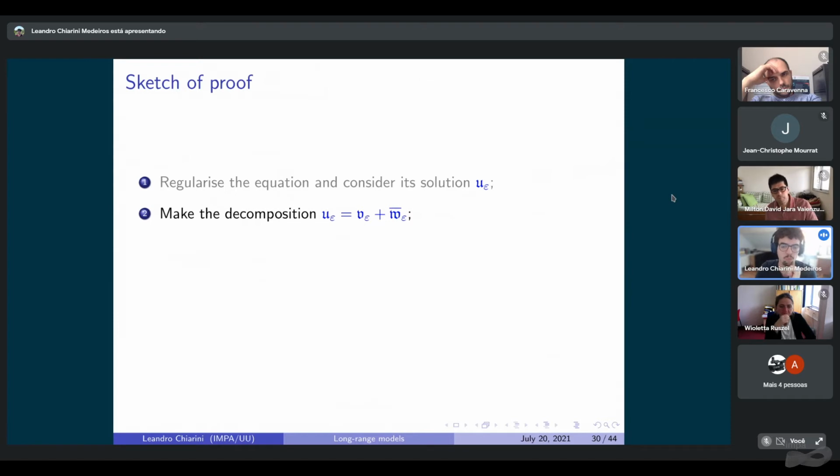And by doing that, we discovered that the whole problem of making sense of the solutions as epsilon goes to 0 is because the equation given for W epsilon bar has some terms that explode, so you need to renormalize it.